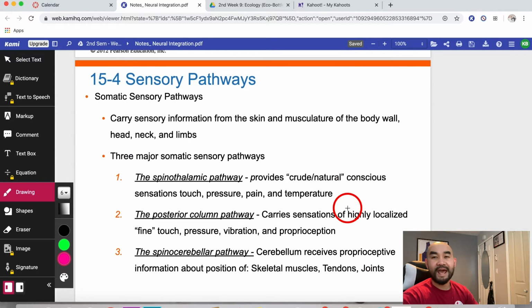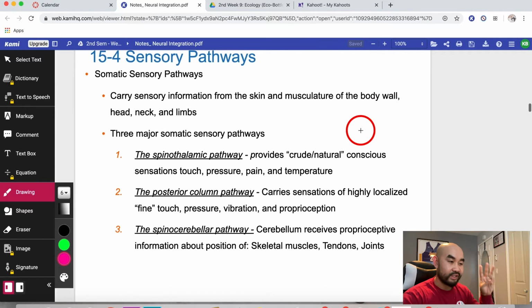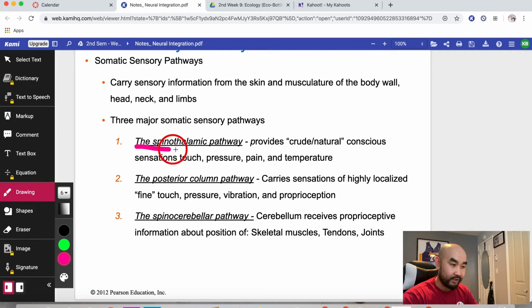And then we're gonna talk about pathways, how sensory information travels. So we call it somatic. It carries from your skin, your muscle, to your brain and spinal cord. There are three types of pathway that you need to know. One is the spinothalamic pathway. Spinal has to do with the spine, thalamic would be the thalamus. Review your notes. This has to do with sensation in touch, pressure, pain, and temperature.